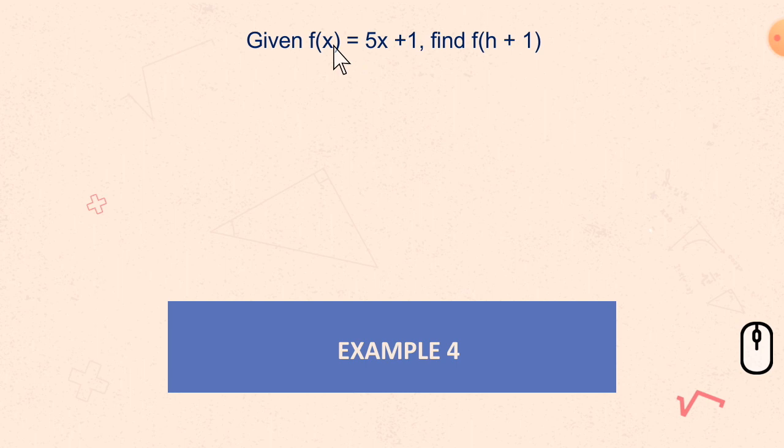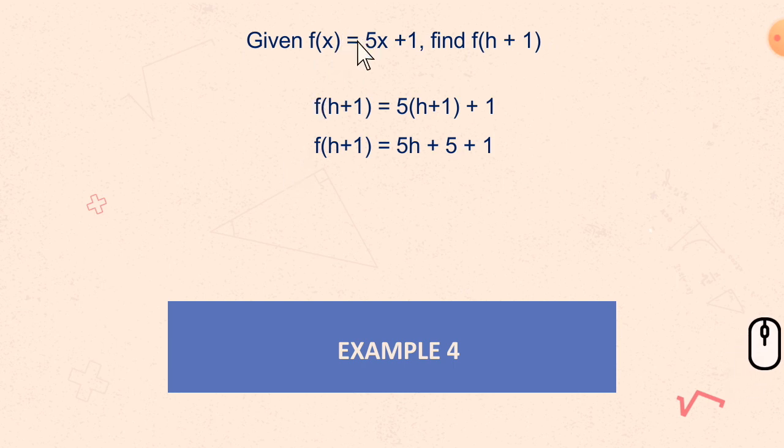Okay, find f of h plus 1. So, yung h plus 1, substitute natin sa value ng x. Kaya magiging f of h plus 1 is equal to 5 times h plus 1 plus 1 and then simplify. So, distribute natin yung ating given dito.